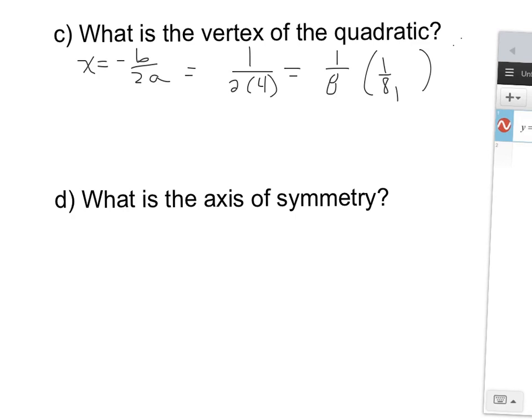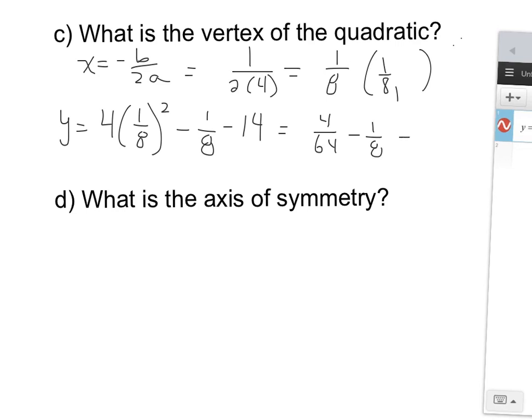So what I do to get the other part is I would just plug the 1/8 into the equation. So that would be y equals 4 times (1/8) squared minus 1/8 minus 14. So this would be 4 times 1/64, so 4/64 minus 1/8 minus 14. So we could just put this in a calculator.